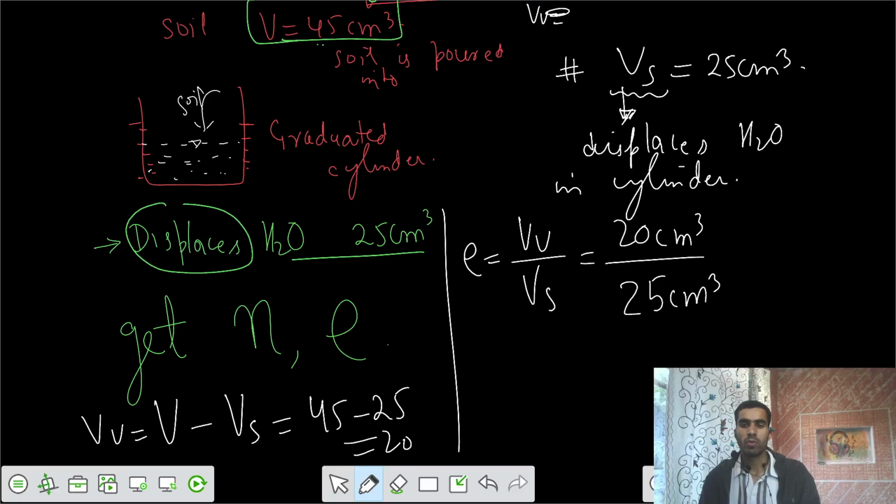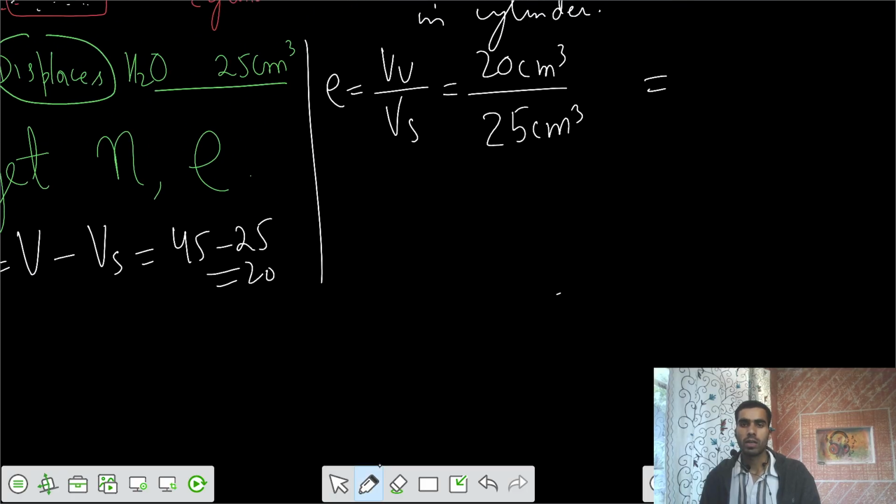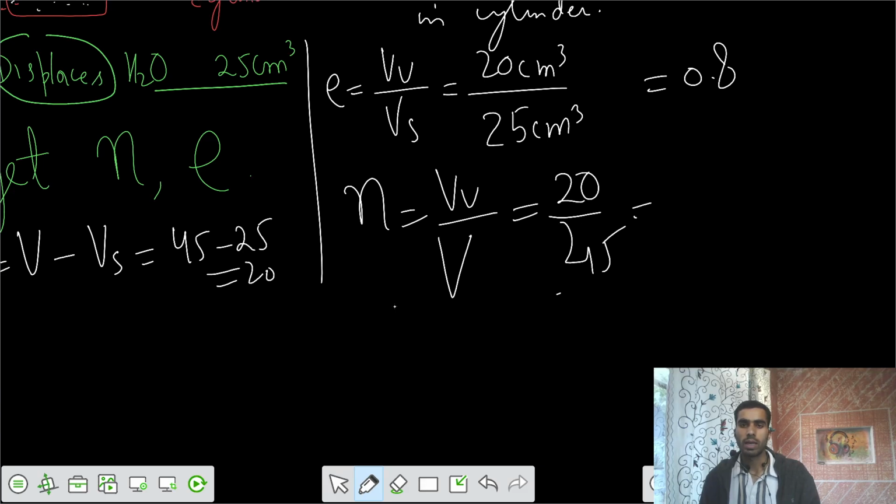So the void ratio is 0.8, and the porosity would be solved as volume of voids by total volume, that is 20 by 45, which is 0.444. We also can solve it from the equation E by 1 plus E.